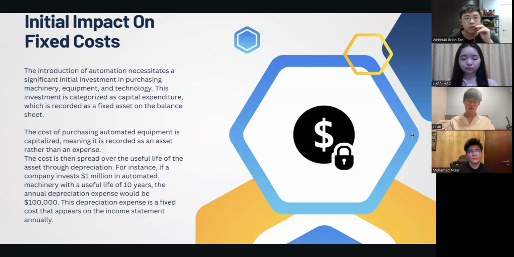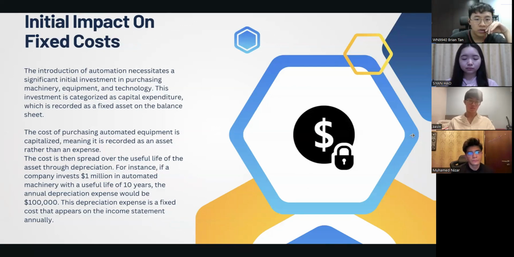Now, the initial impact of fixed costs. The introduction of automation necessitates a significant initial investment in purchasing machinery, equipment, and technology. This investment is categorized as capital expenditure, which is recorded as a fixed asset on the balance sheet. The cost of purchasing automated equipment is capitalized, meaning it is recorded as an asset rather than an expense.